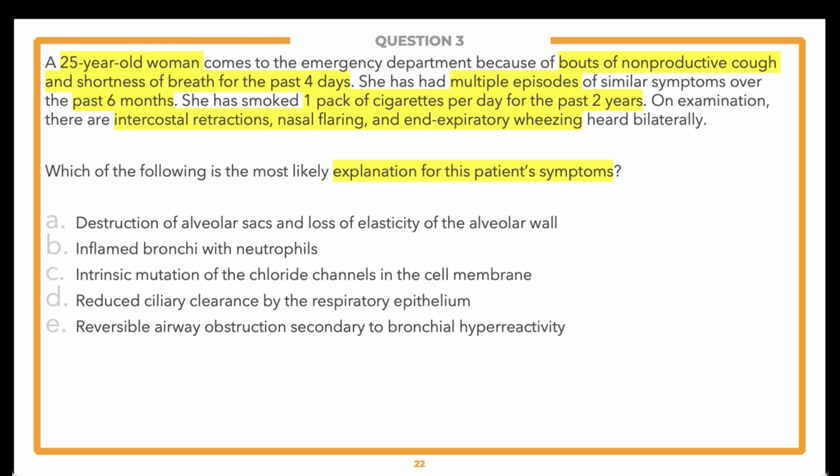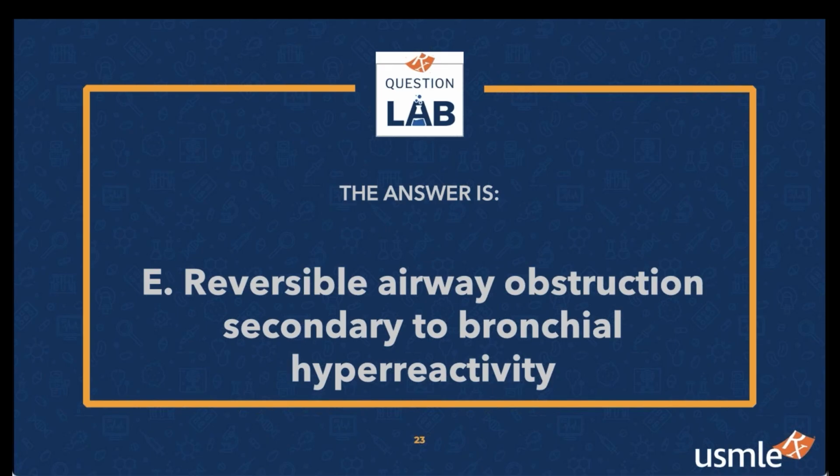Okay, well, there's a lot on the line here, because if 80% of you went with one option and that's wrong, then we'd have a lot of work to do here. But let's see. Let's answer this question. Hide the results and reveal the answer. And it is indeed answer choice E, reversible airway obstruction secondary to bronchial hyperreactivity.